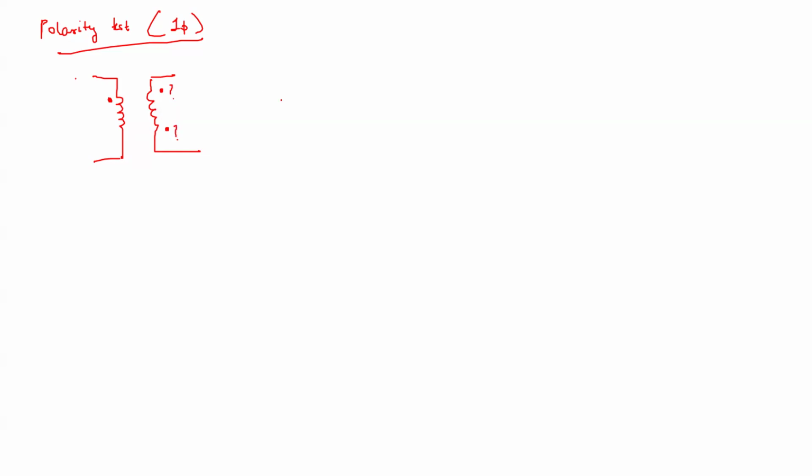What we do is connect it like this. So for finding the dot notation, we basically connect the two windings, the primary winding and the secondary winding of the single phase transformer. You can do it this way for the 3 phase also, because in 3 phase you will have it for the 3 phase.